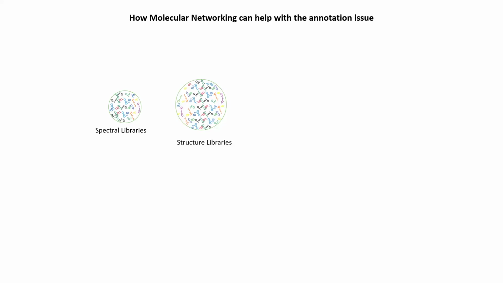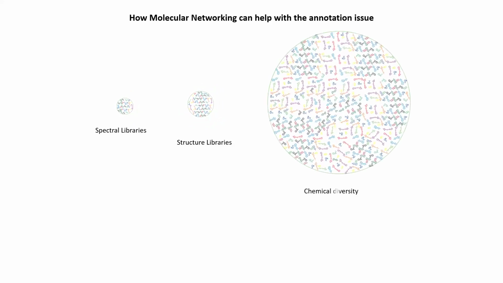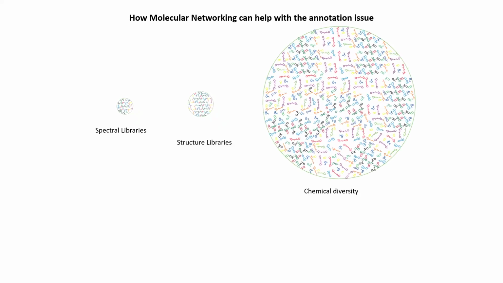Okay, I was expecting more. PubChem is basically a repository of molecule structures. The structure repositories are bigger, but the reality is that compared with the chemical diversity that we live in, those are 2 dots. So we don't know anything yet about the world.